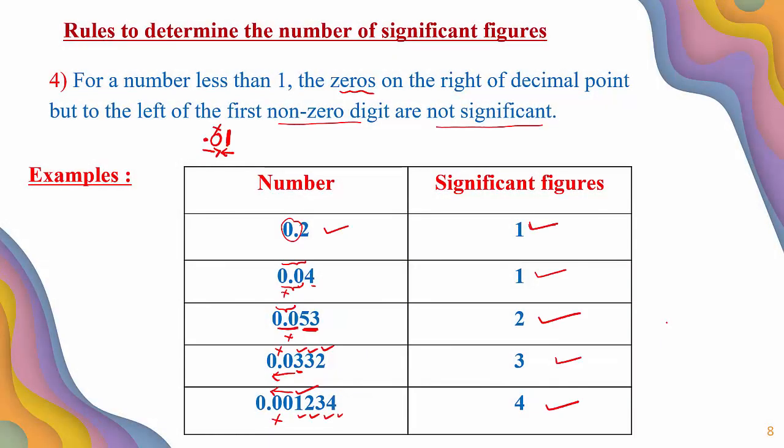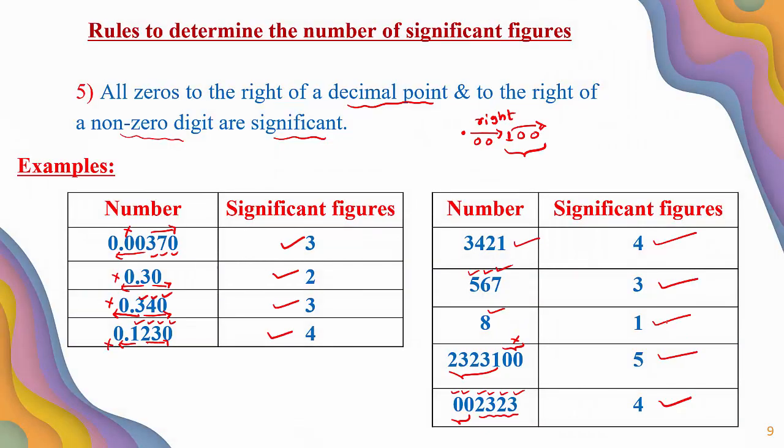Then fourth rule, for a number less than 1, the zeros on the right of the decimal point but to the left of the first non-zero digit are not significant. Then the last rule, all zeros to the right of a decimal point and to the right of a non-zero digit are significant. These are the 5 rules we have to remember to determine the number of significant figures.